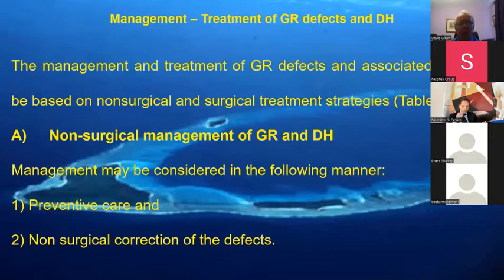What I would suggest, both for the non-surgical and the surgical management, is that it is no use simply giving a patient a toothpaste and sending them away, or doing a sealant in the dental office, or doing a root coverage procedure if you don't remove the etiological factors and the precipitating factors that caused the problem in the first place. And I think people often forget this.